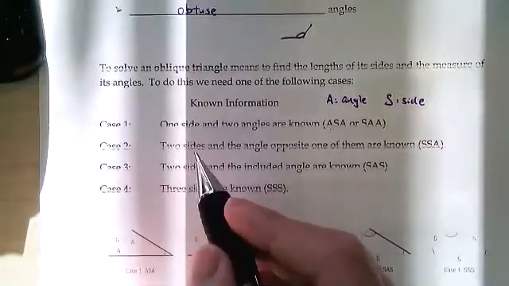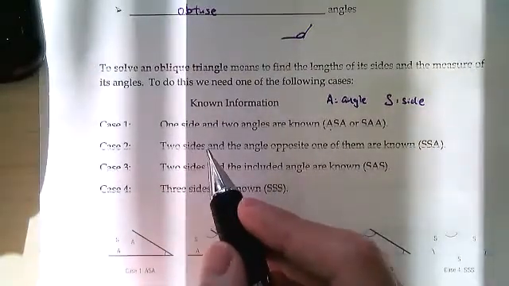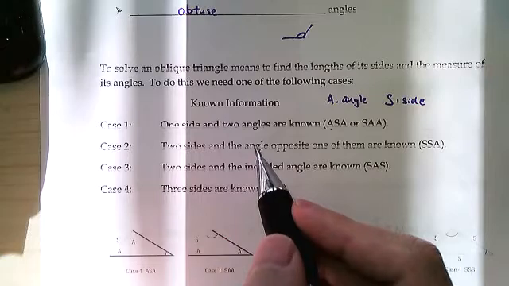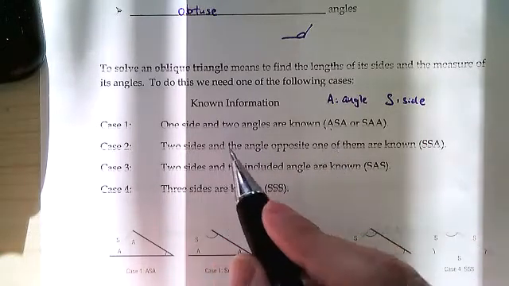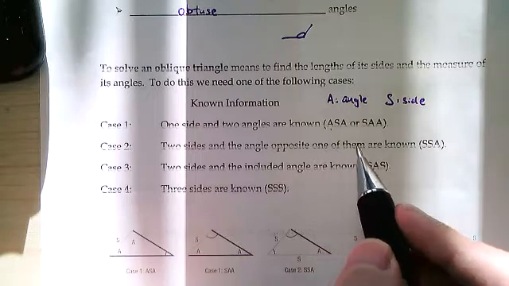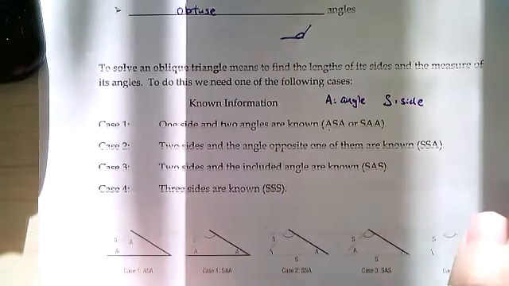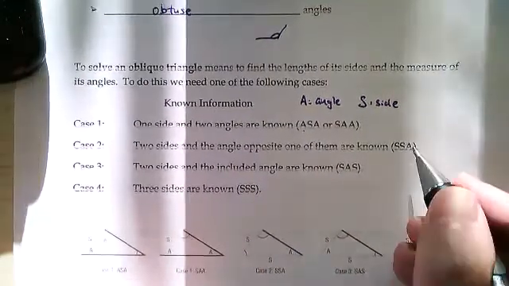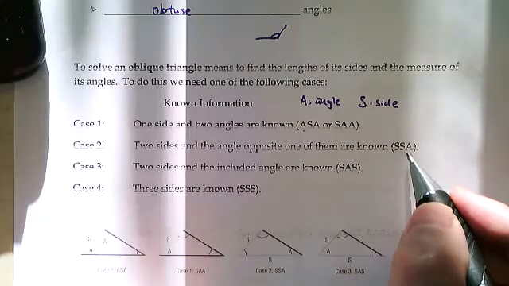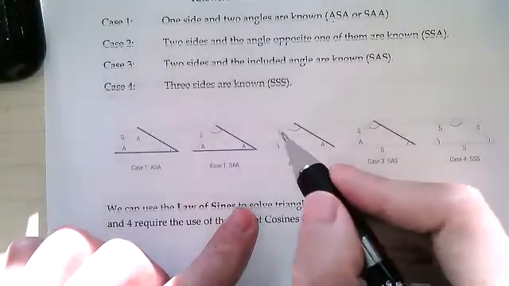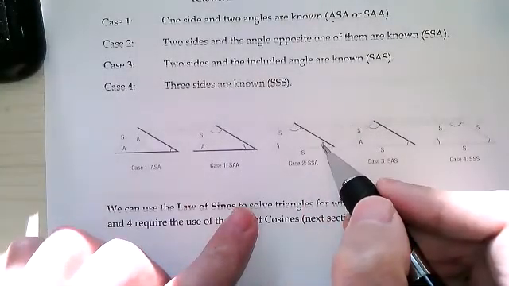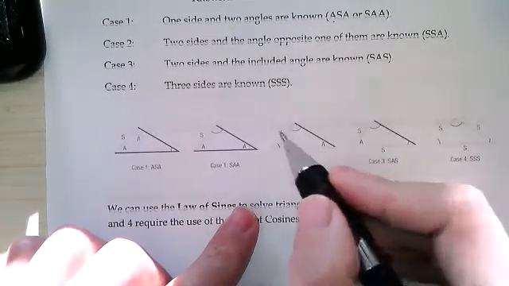In the second situation, you have 2 sides and the angle opposite one of them known. So look at the case 2 illustration here. You know 2 sides, and the angle corresponding to one of them is known.